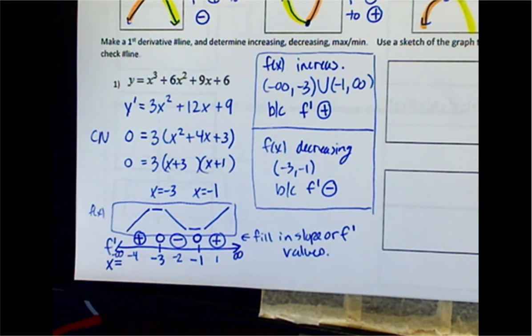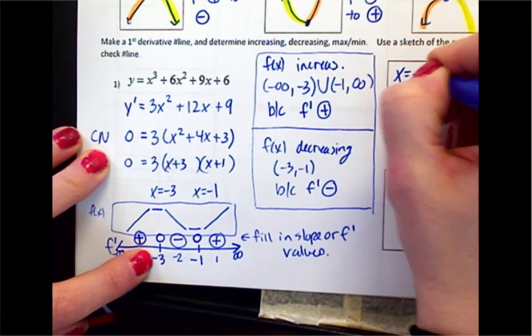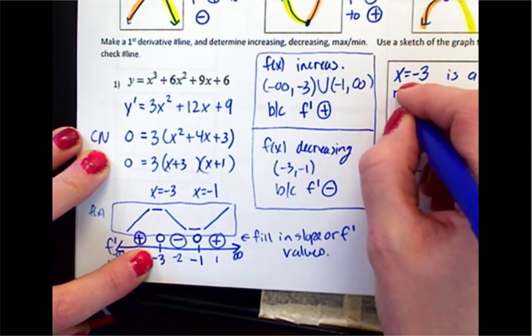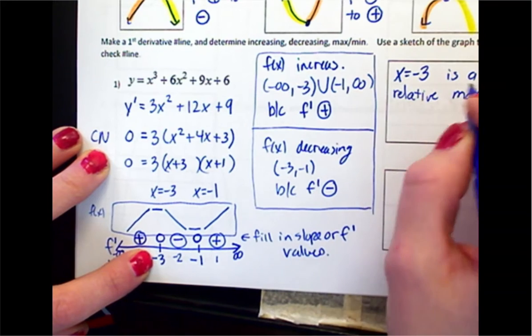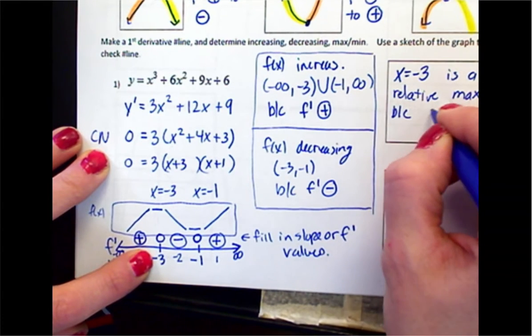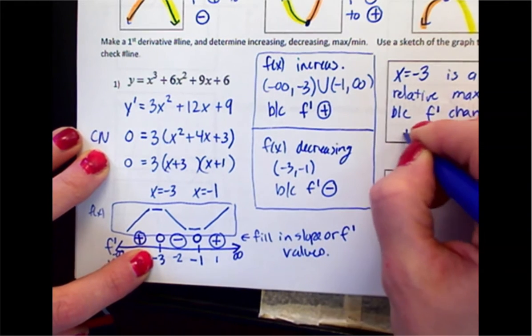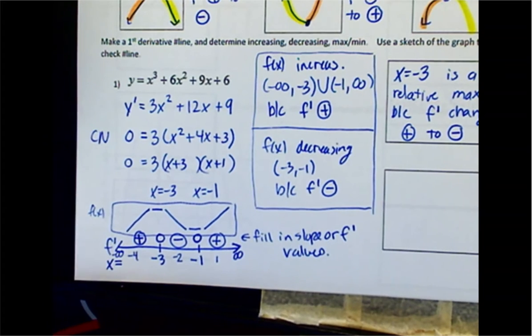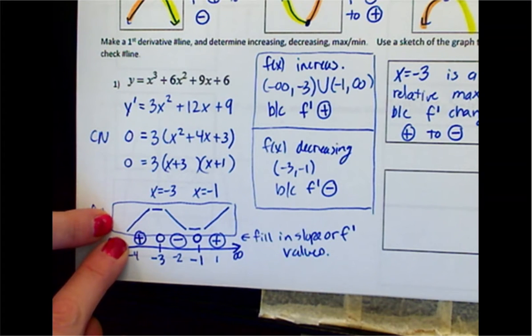Okay? And then we're going to write a sentence about maxes and mins. X equals negative 3 is a, you can abbreviate, relative max because f prime changes positive to negative, which I can clearly see by looking at the sketch that I made right here.